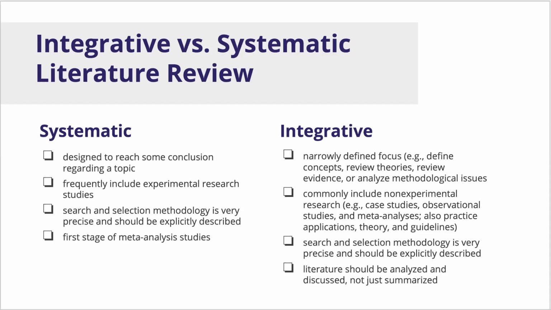So what might you be trying to do in an integrative review? Well, you could be reviewing the different theories to explore a different issue. You could be trying to define a concept, look at the evidence for or against something, or look into methodological issues. And because of that, you can include all sorts of research that is not formally what we would call experimental research.